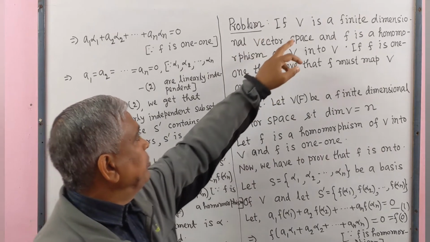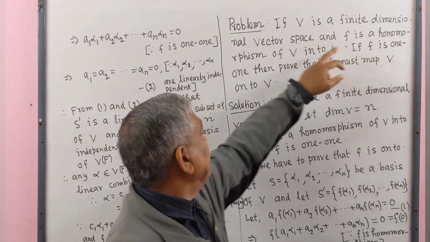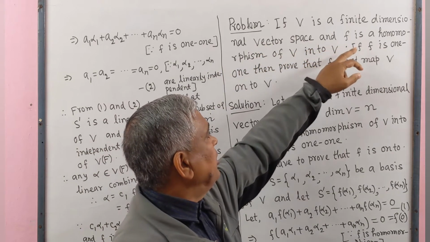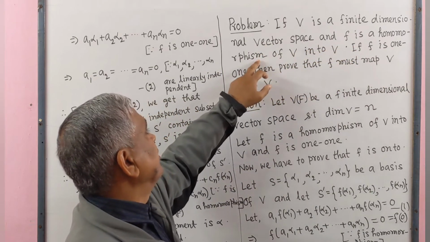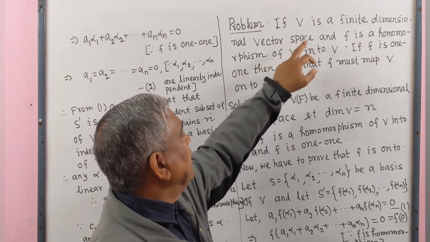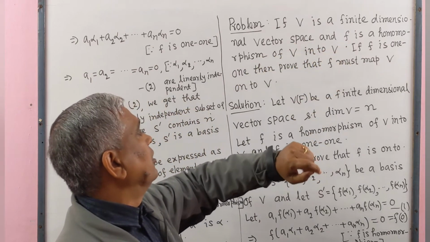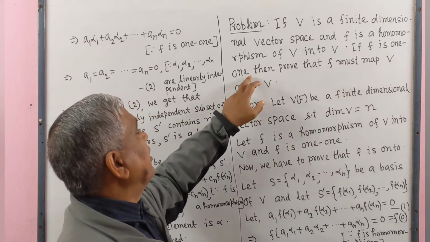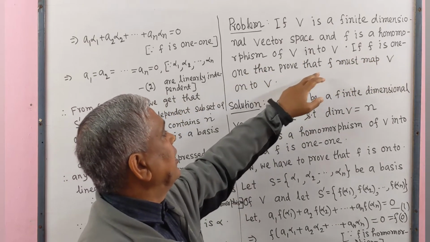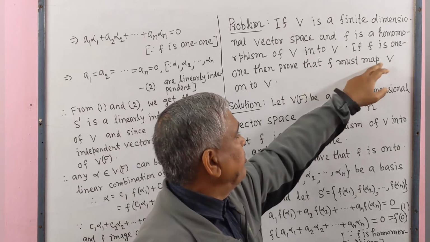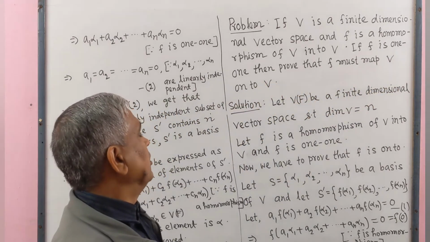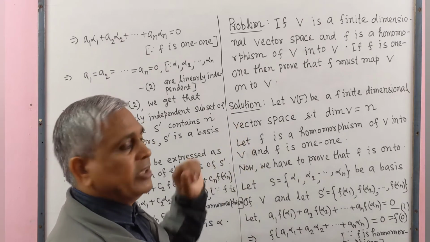Problem is, if V is a finite dimensional vector space and F is a homomorphism of V into V, if F is 1-1, then prove that F must map V onto V. Now we solve this.